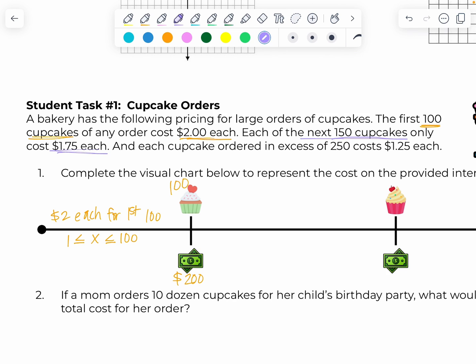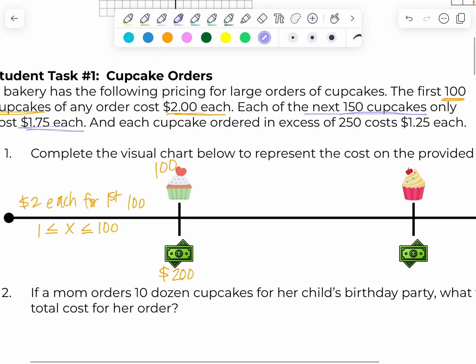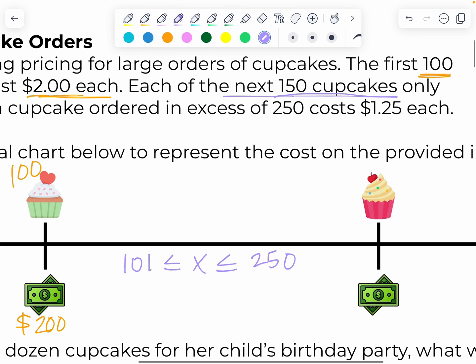But what we need to realize is that the first 100 cupcakes are still going to cost $2 each. Those don't change in price. So that's only going to be for cupcakes 101 to 250, because we need 150 more cupcakes. So that's going to give us a total of 250.